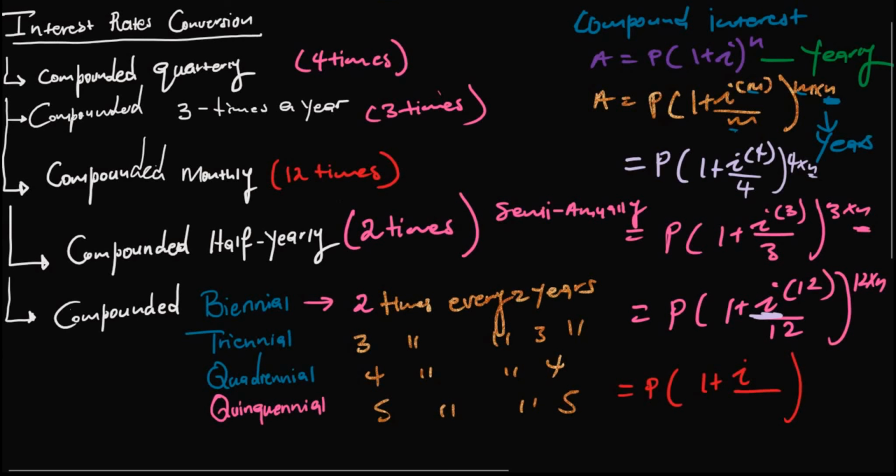So if it is compounded quinquennial, we can say that this is your i exponent 1 over 5. 1 over 5 is the same as 0.2. So I can just write 0.2, or you can write 1 over 5, then times n. So it is times n. So it's quinquennial.